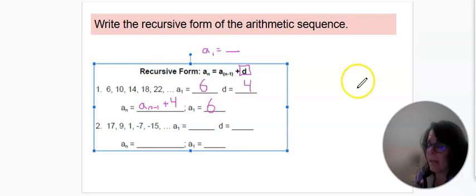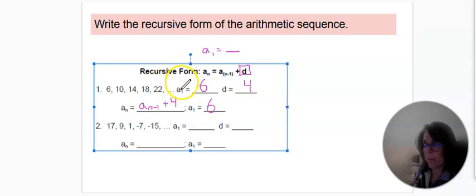Okay, so to complete the recursive formula for a sequence that you're given, this is one we've already looked at. You need two things, a sub 1 and d. So a sub 1 in this case, the first term, right, is 6. And d, we already figured it out, is 4. So to write the recursive formula, you're just plugging in d, right?